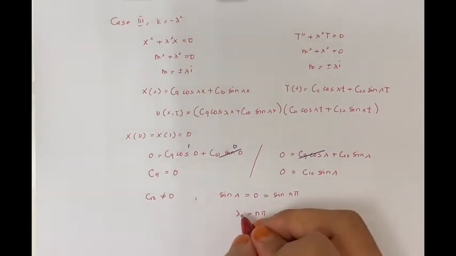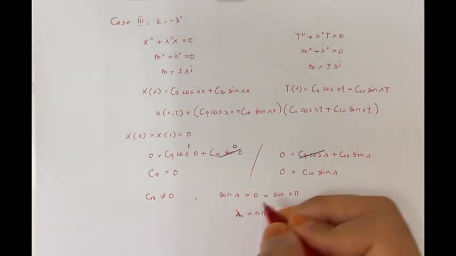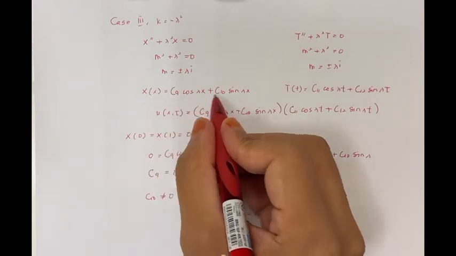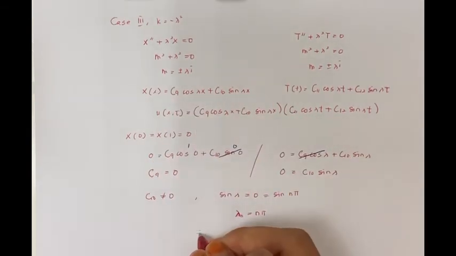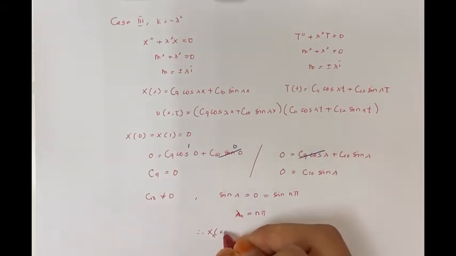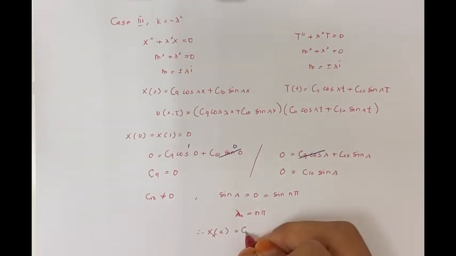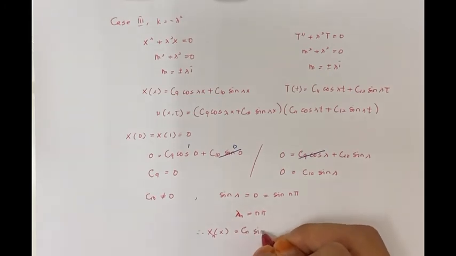Once you have your lambda n, substitute lambda n into this lambda. C9 is equal to 0. You have Xn equal to Cn sine n pi x.